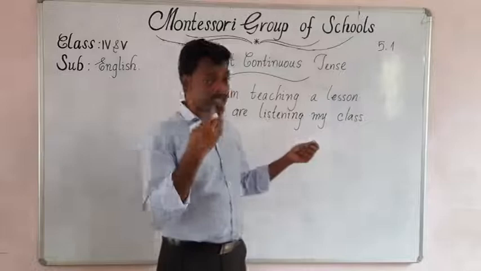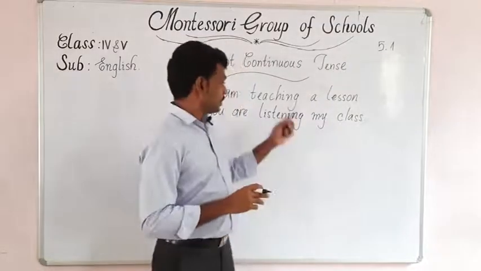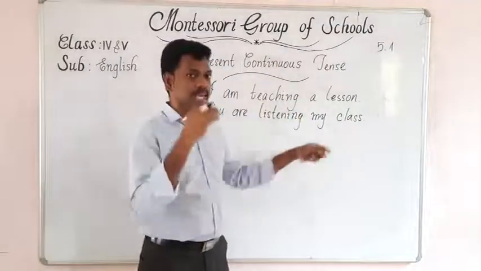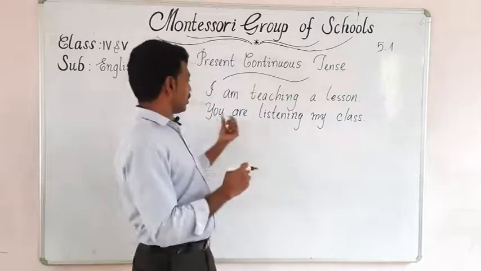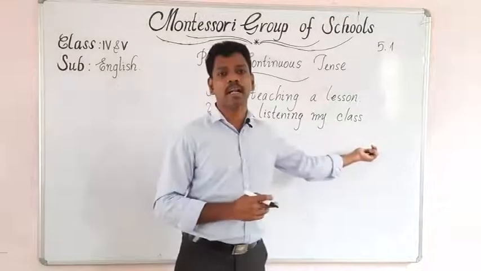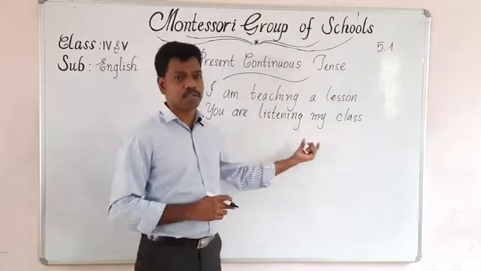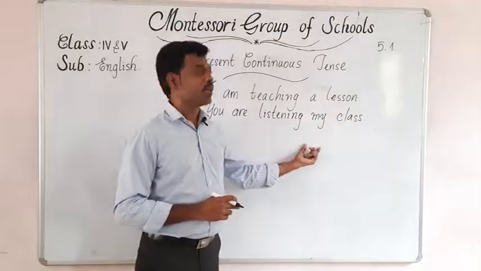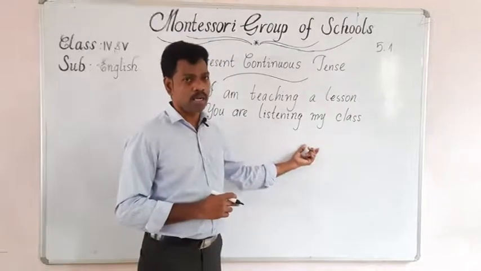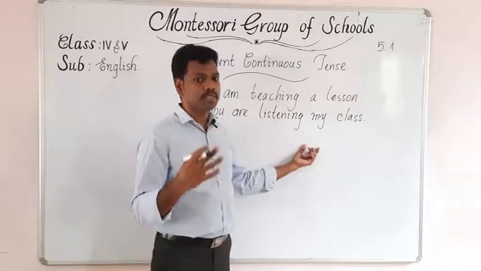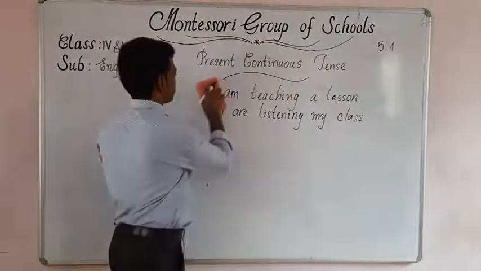So when I am teaching a lesson, which is in present continuous, the action is in progress. You are listening to my class. That comes under present continuous tense. So now let us learn the formula for how to write present continuous tense.